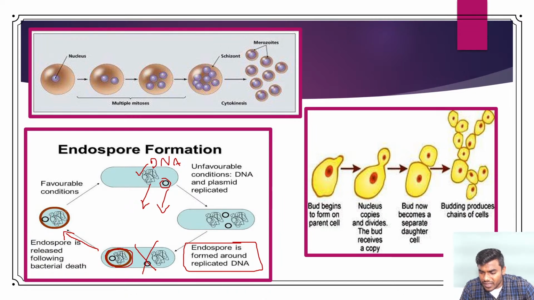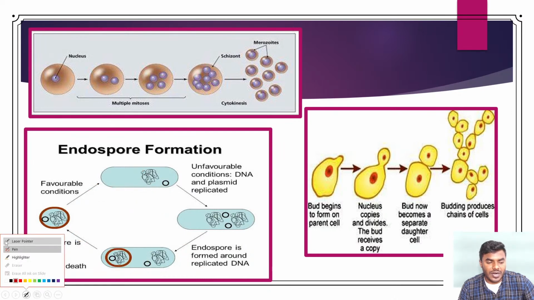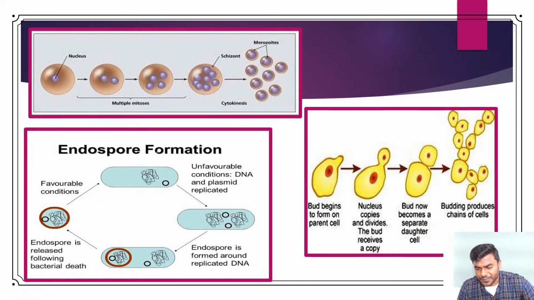Once conditions become favorable, this DNA and plasmid lead to the formation of a new bacteria. So this is how only during adverse or unfavorable conditions the endospore is formed. Please do not get confused with that point.